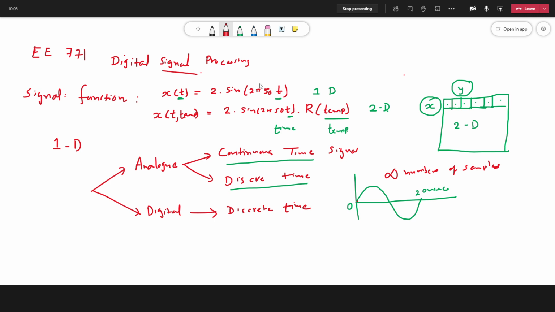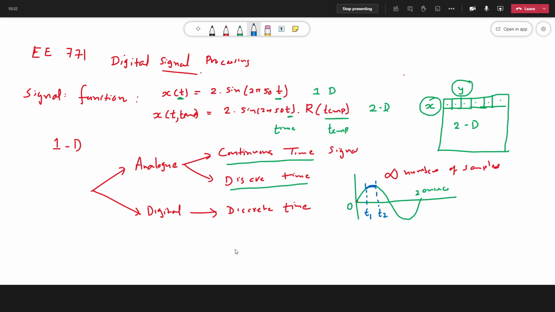Even if you take any two instants over this signal, say T1 and T2, then also to describe the variation of the signal between these two time instants, you need to have information of infinite numbers of samples.